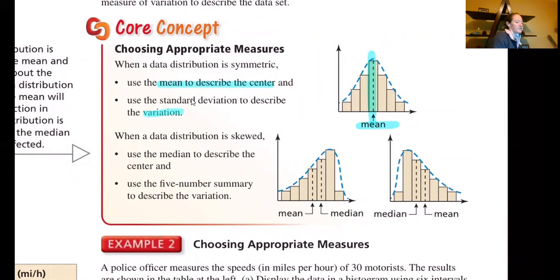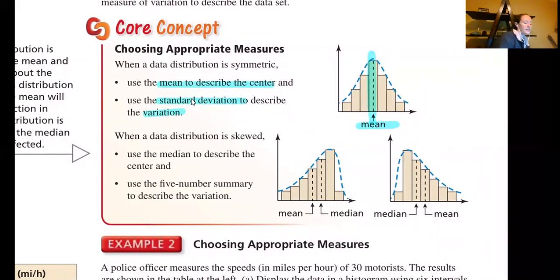And the variation, like how the data differs, that can be described by the standard deviation. So if you have a symmetric histogram or a symmetric collection of data, then the mean is great for being the center. The standard deviation is great for showing the variation.